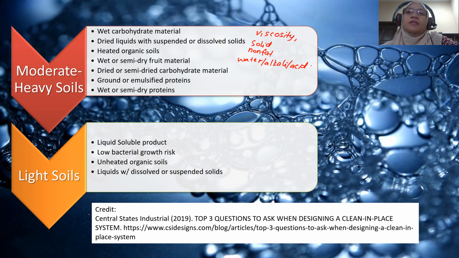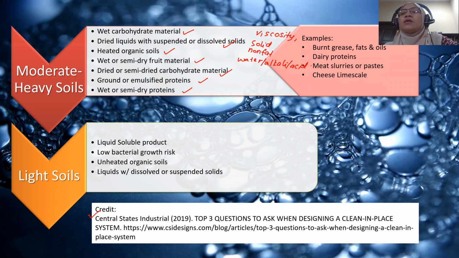Central state industrial has classified soils into moderate to heavy soils and light soil. The characteristics of moderate to heavy soils are wet carbohydrate material, dried liquid with suspended or dissolved solids, heated organic soils, wet or semi-dry food material, dry or semi-dried carbohydrate material, ground or emulsified protein, and wet or semi-dry proteins.